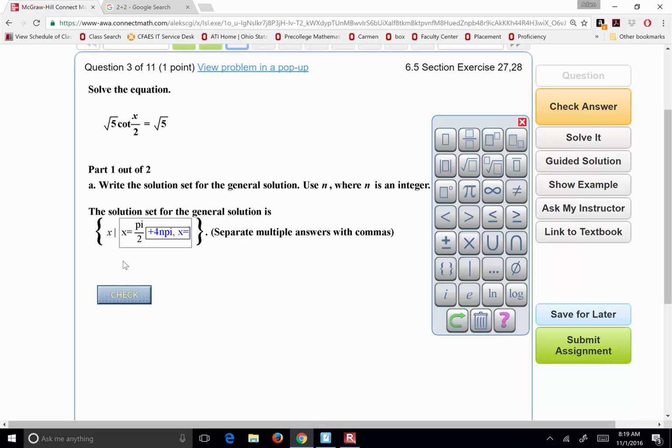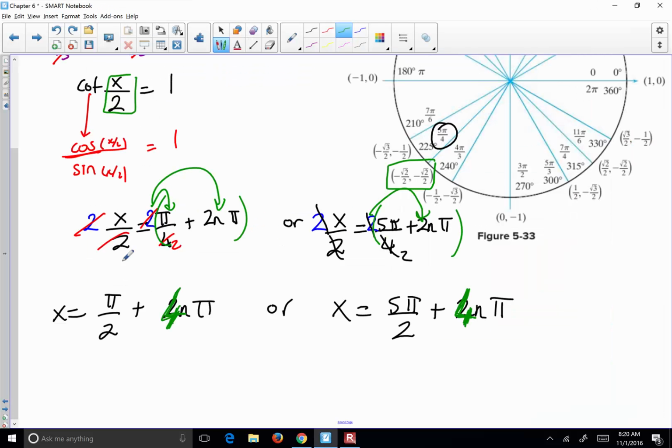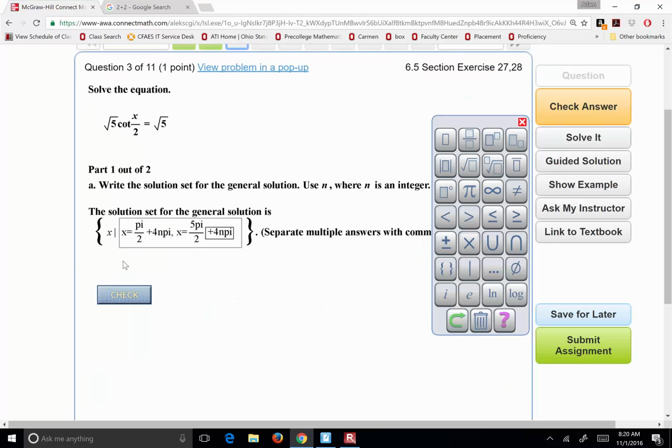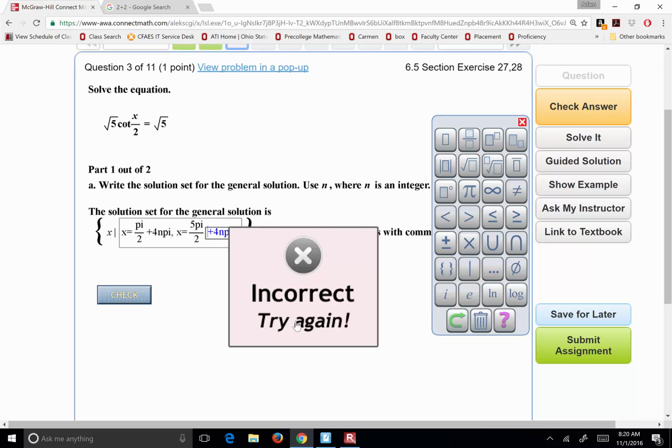X can also be equal to 5 pi over 2 and 4n pi. Am I right? Is this what we got? Oh no, let's check. Did I mess up?